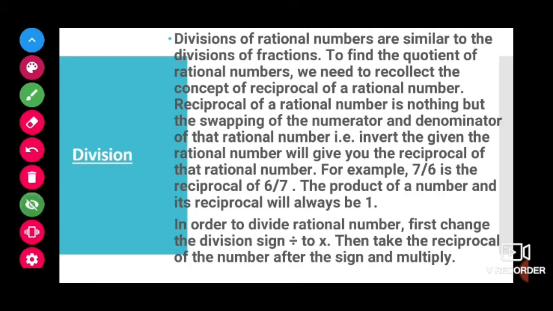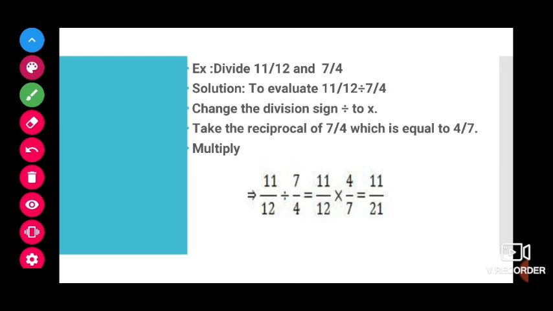Okay. Next one, division. Division is one more extra step with the multiplication, that is nothing but the multiplicative inverse. We will take the reciprocal of the divisor and we will follow the multiplication as it is. Here, if you see the example, 11 by 12 divided by 7 by 4. First the dividend fraction we will take as it is.